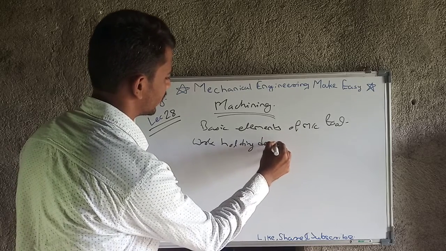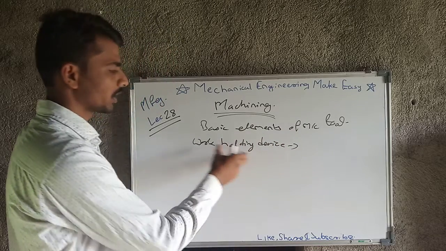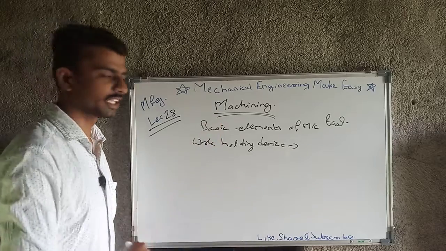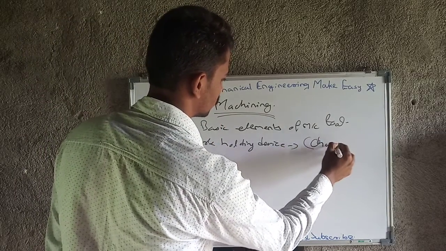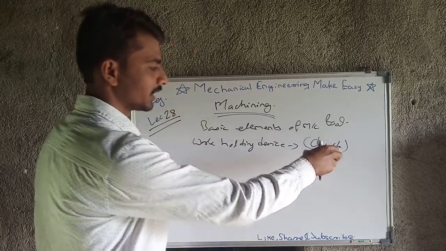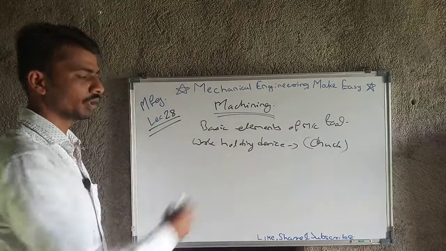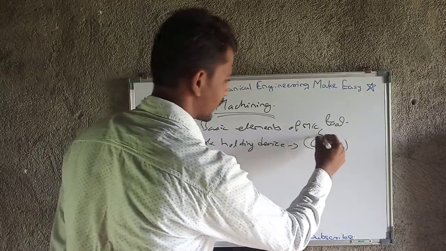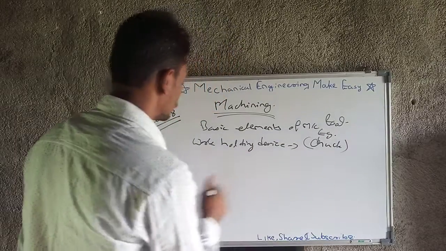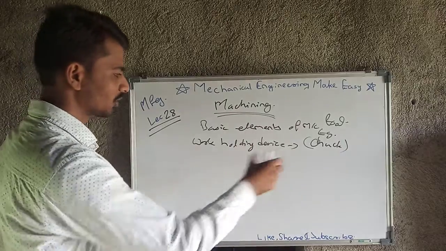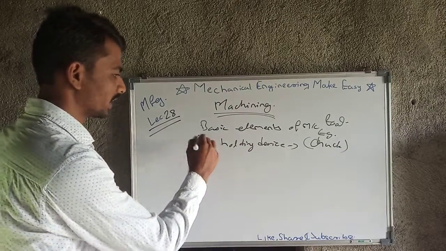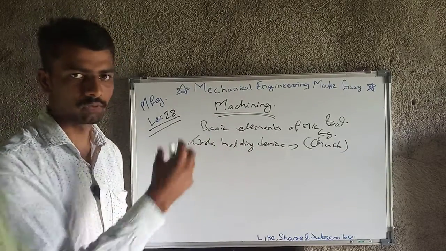We need the work holding device in every machining operation. For example, the chuck. In case of lathe, there is a chuck which acts as a work holding device. These are examples I am providing here of the elements of machine tool. The work holding device is required for holding the workpiece.